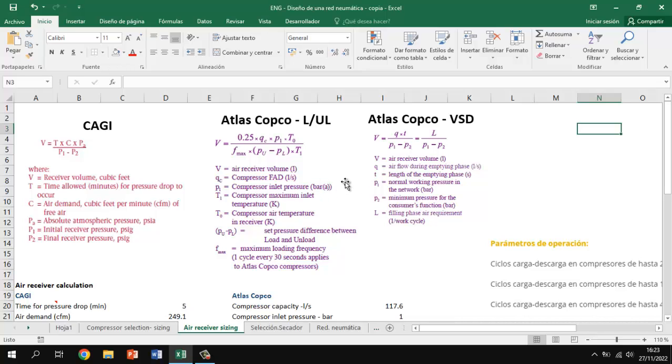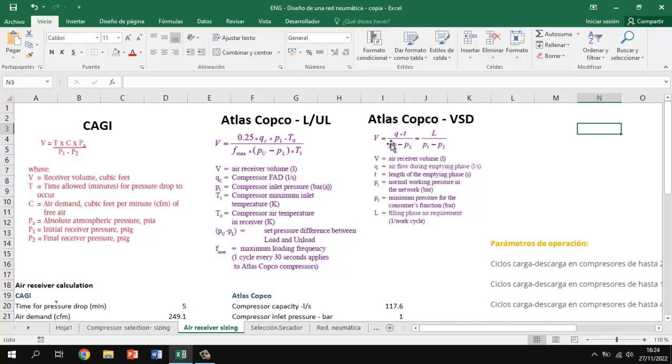Then the inlet pressure of the compressor, the inlet temperature of the compressor, and for your air receiver, well, this is the simple difference. And then this is data from Atlas Copco: the maximum loading frequency, which is one cycle every 30 seconds. So this is just data for Atlas Copco.